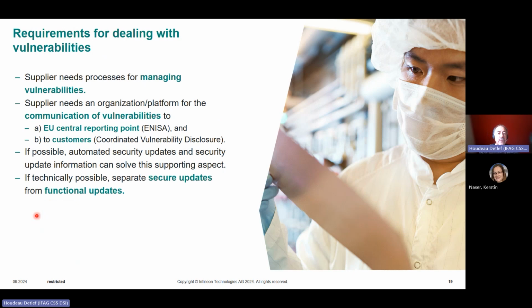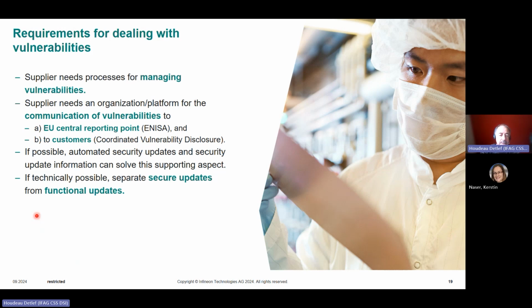So, requirements for dealing with vulnerabilities. In case a manufacturer has a vulnerability, the supplier needs processes for managing these vulnerabilities. The supplier needs an organization or a platform for the communication of vulnerabilities in two directions.